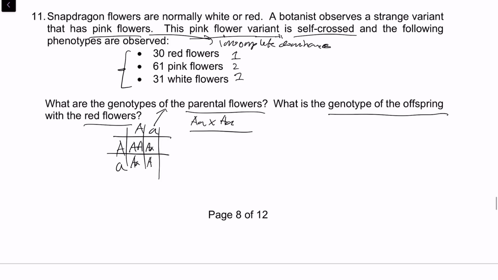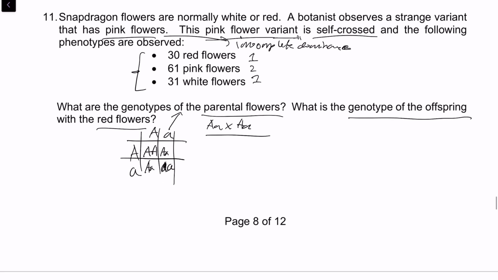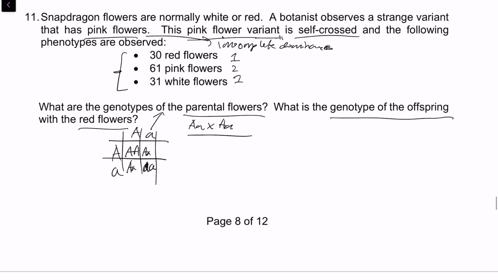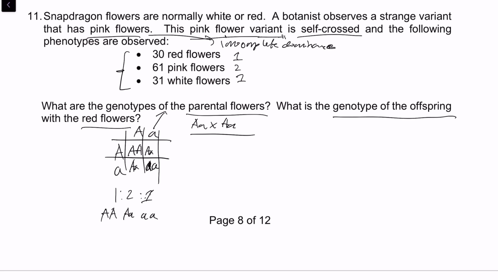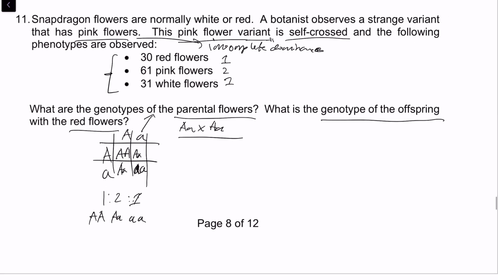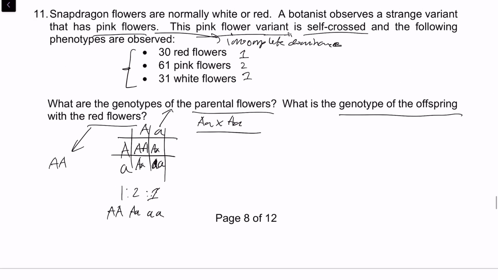We know that we have a 1 to 2 to 1 ratio where we have the genotypes as follows. And the ones with the red flowers are going to be the capital A genotypes, okay?